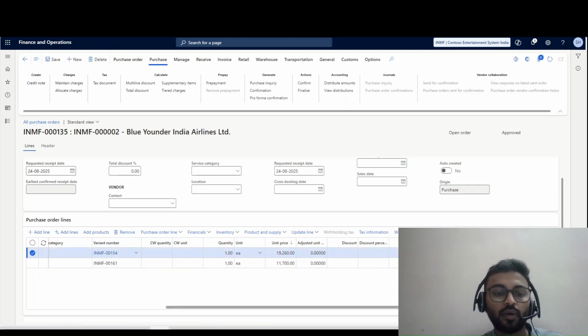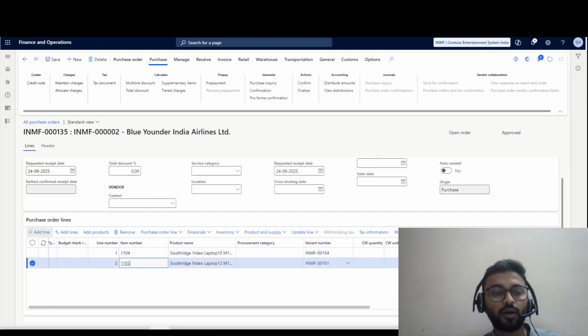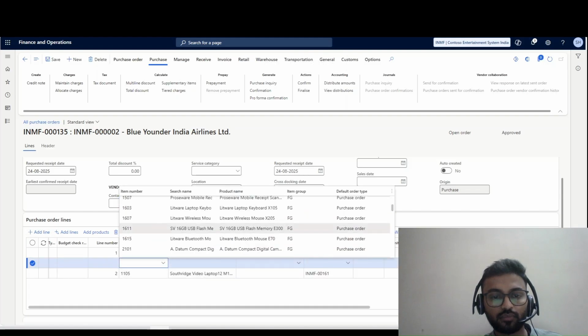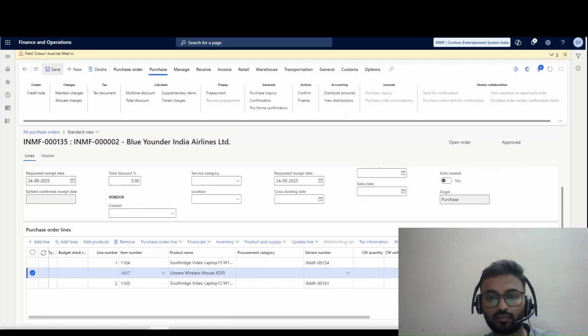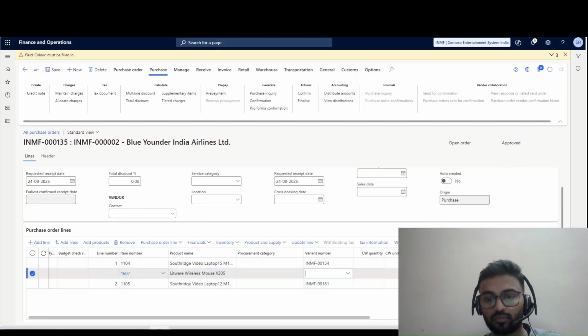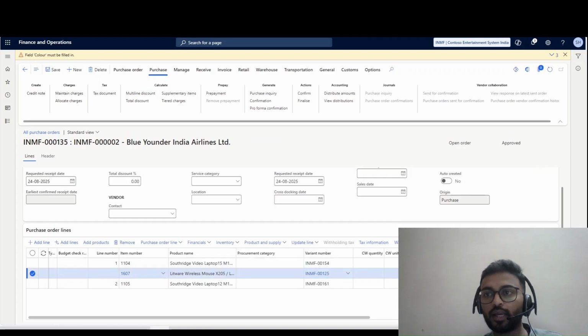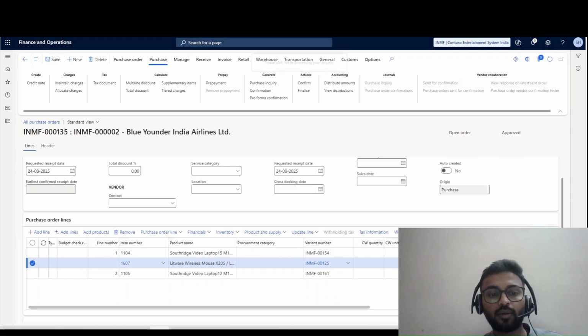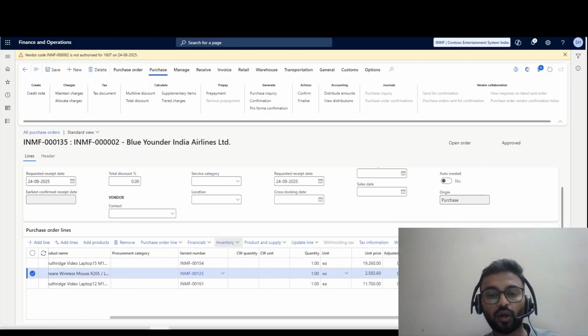Now suppose there is one more option. We can manually also add the charges on a line level.